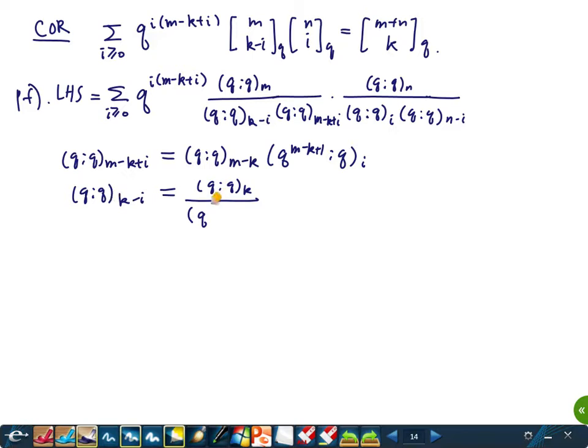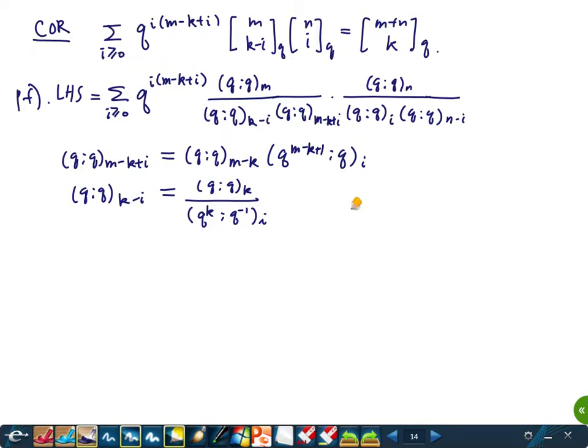But we can have this, (q^-k; q^-1)_i, because this now decreases the power exponent of q by 1 at a time. But there is a way to change this into the usual q-Pochhammer symbol.